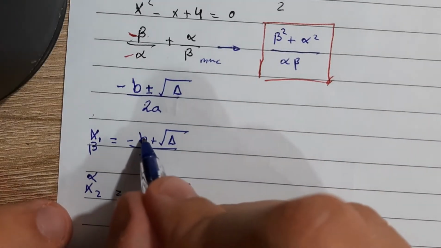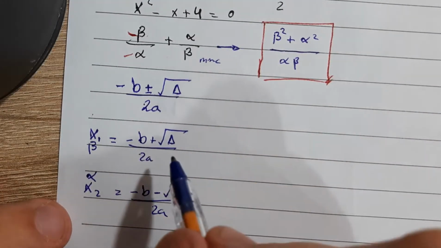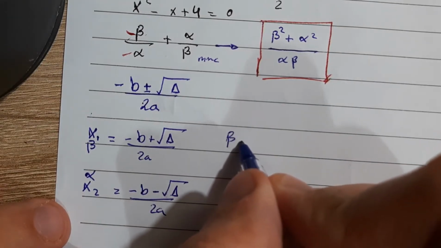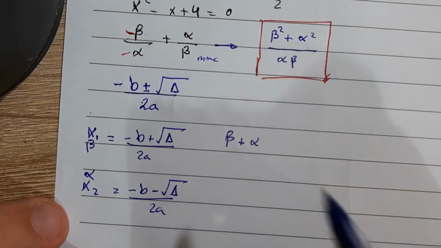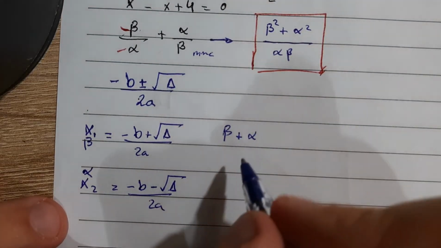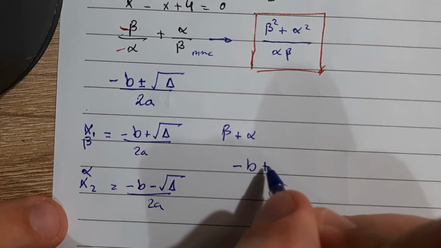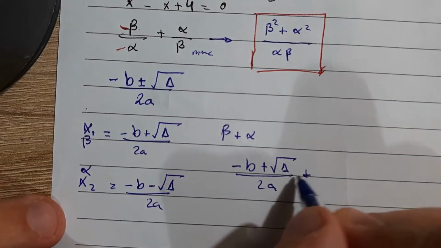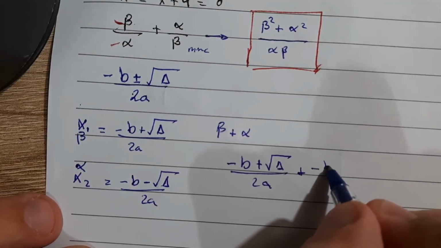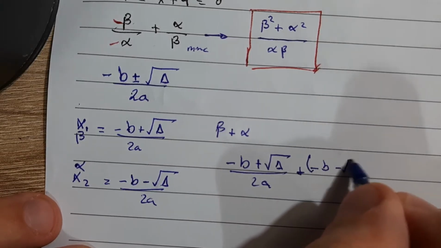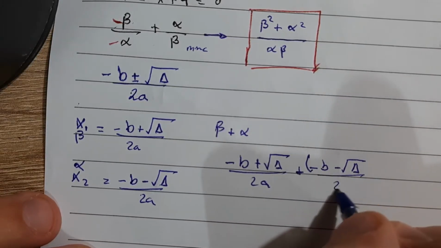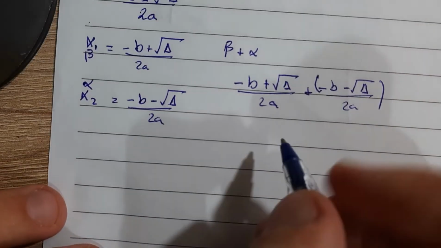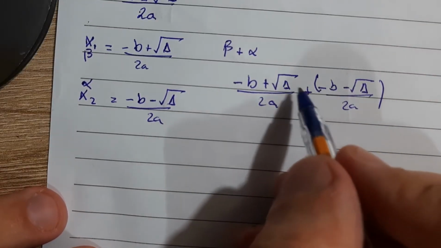if you take this number over here and let's see what happens when we add beta plus theta. Okay, just for our sake, so beta plus theta, we have minus b divided by 2a, and then we have the minus b minus square root of delta divided by 2a, right? So I'm just adding beta and theta, I'm going to prove the relations of Girard.